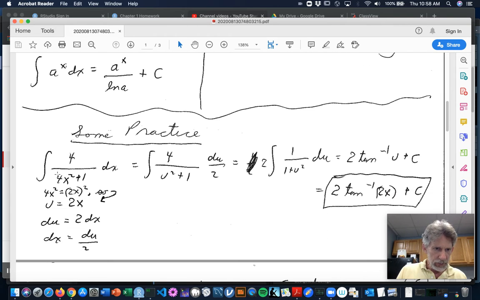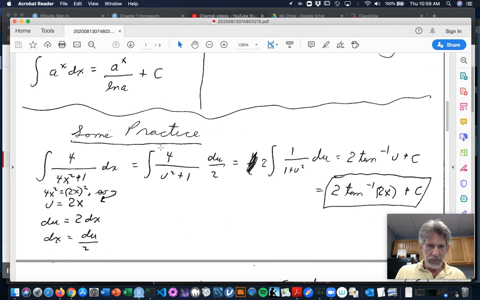And so I stare a little bit, instead of an x squared, I got a 4x squared. But you know what? 4x squared is quantity 2x squared. So why don't I just let u be equal to 2x in a substitution attempt here? du would be 2dx, so dx would be du over 2.